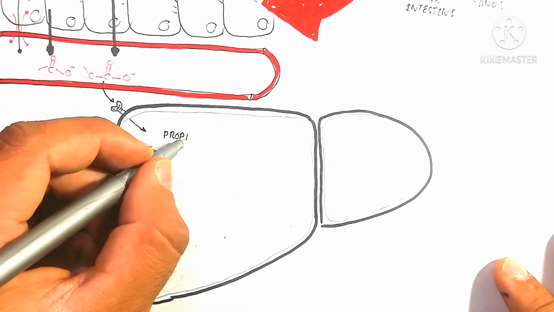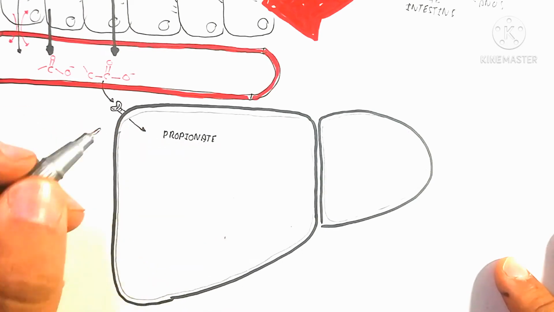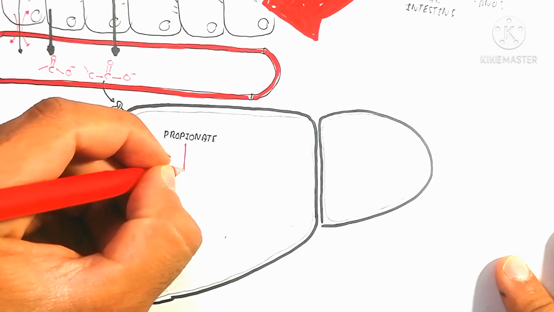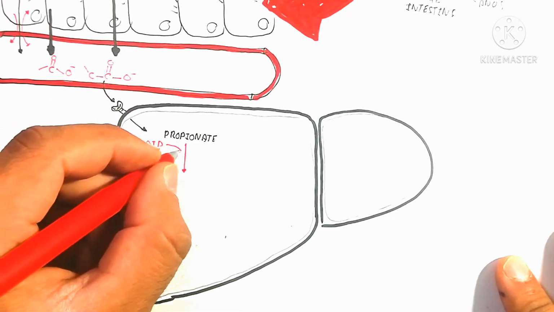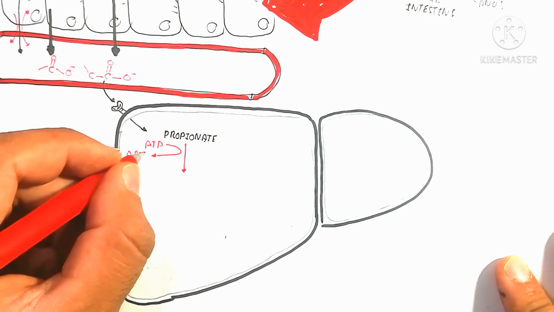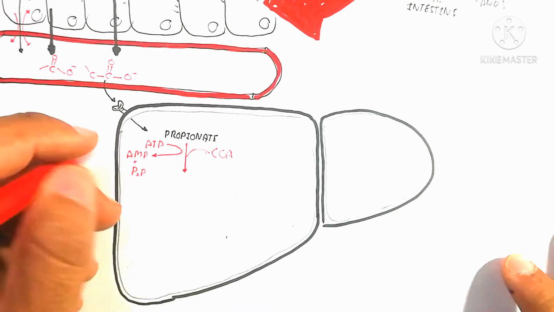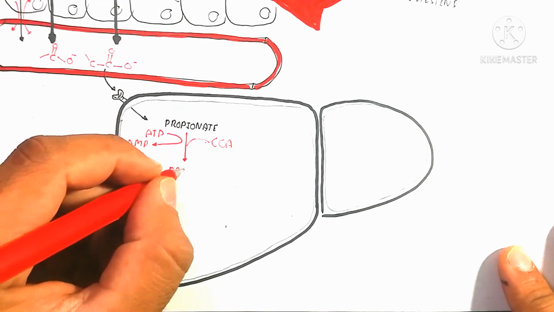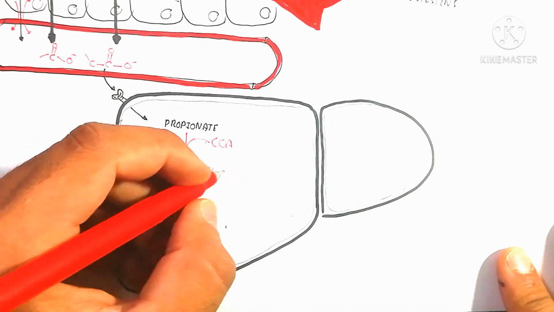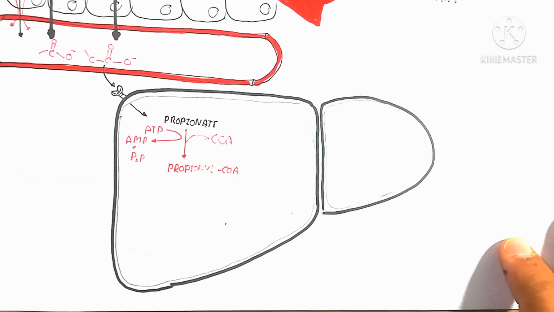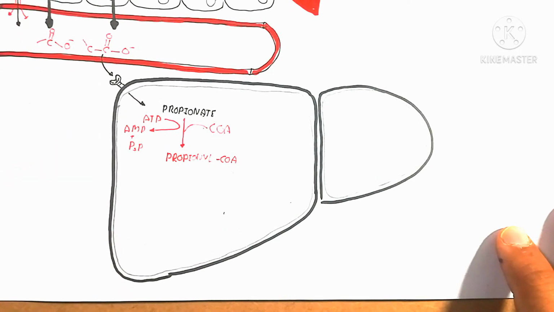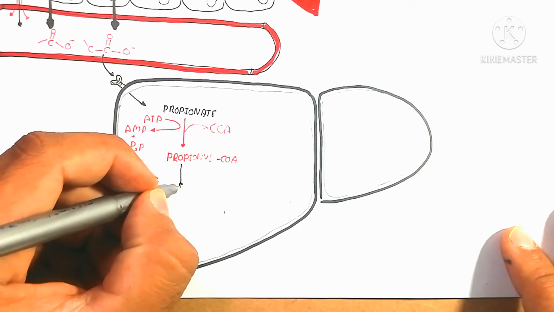When it goes into the liver, it directly receives the propionate, and this propionate is converted by coenzyme A addition in the presence of ATP, converting to AMP and pyrophosphate, to make propionyl CoA.